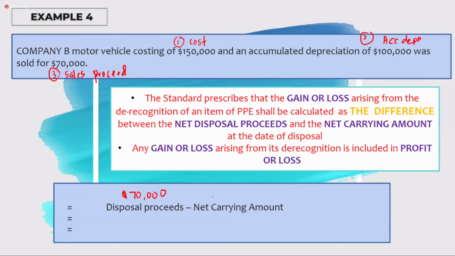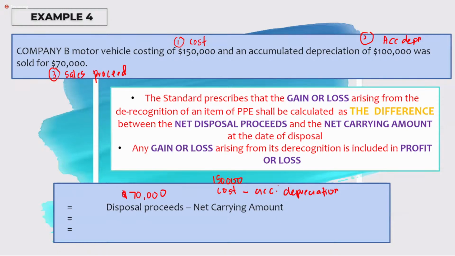Now calculate the net carrying amount. What is the formula to calculate the net carrying amount? Cost minus accumulated depreciation. Yes, good. Cost here is 150,000.